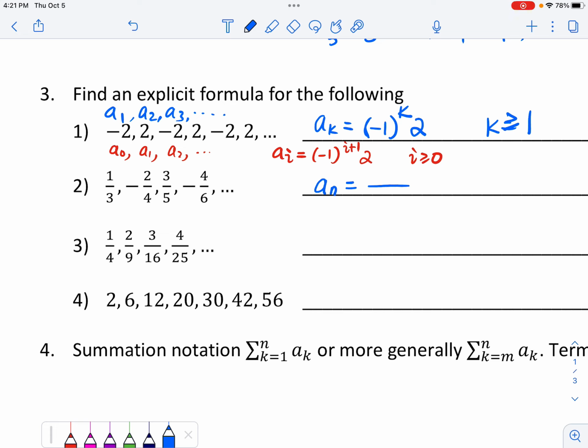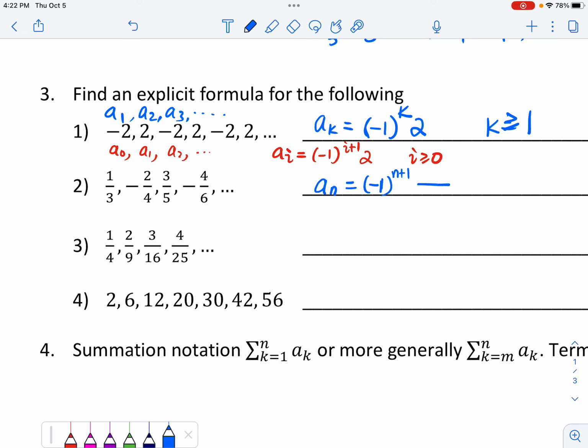a_n is, because it's alternating, I certainly want to begin with negative 1 raised to some power. And I observed that all the odd terms are positive, all the even terms are negative. So I want to add 1 here, so that when n is odd, this actually becomes even, so that it's positive.